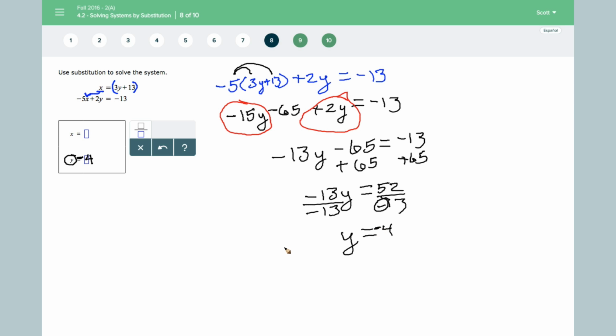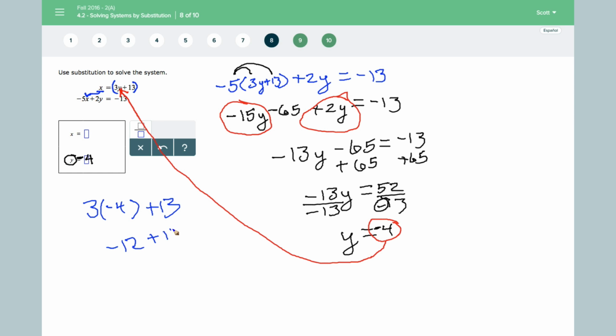Now from there, we take that 4, plug it in right there for y, giving me 3 times y plus 13. What is y? Y is negative 4. 3 times negative 4 is negative 12, plus 13, and that's 1. So x is 1. Negative 4 and 1.